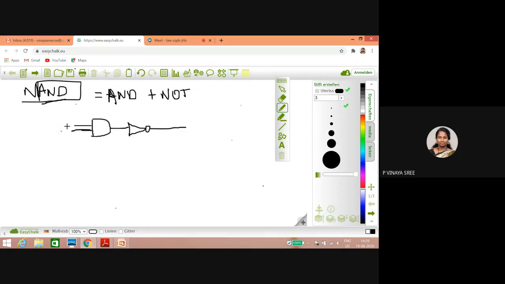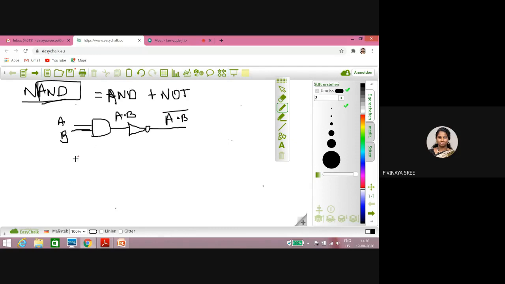Now, what will be the Boolean expression? We will trace it with this example. Let us consider inputs A and B. What will be the output at the AND gate? A dot B. Now, after passing this through the NOT gate, what will you get? A dot B bar.